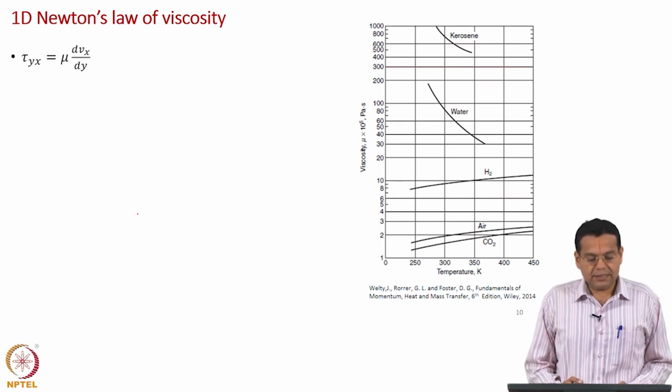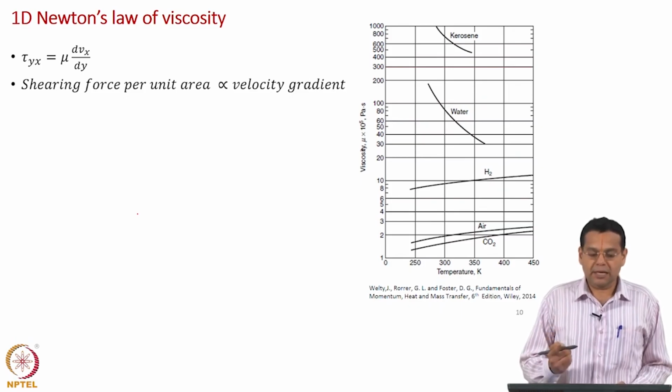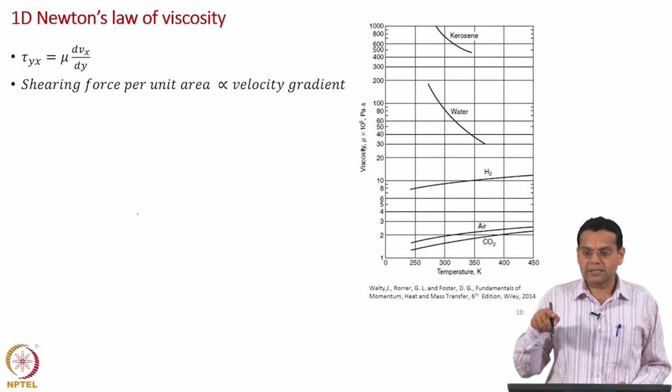What it says is the shearing force per unit area, that is the left hand side, is proportional to the velocity gradient. Okay. The first time we said force proportional to area, proportional to velocity, inversely proportional to the distance.